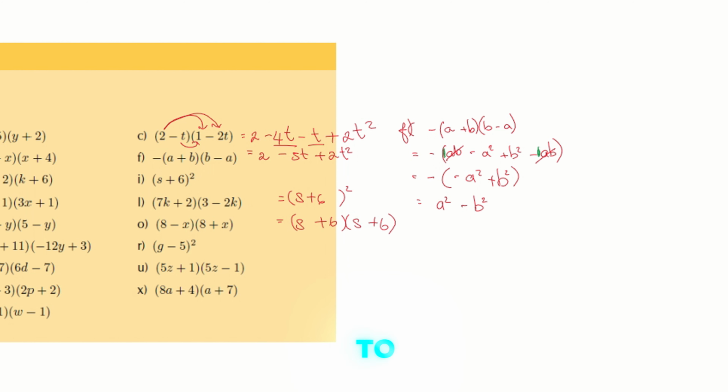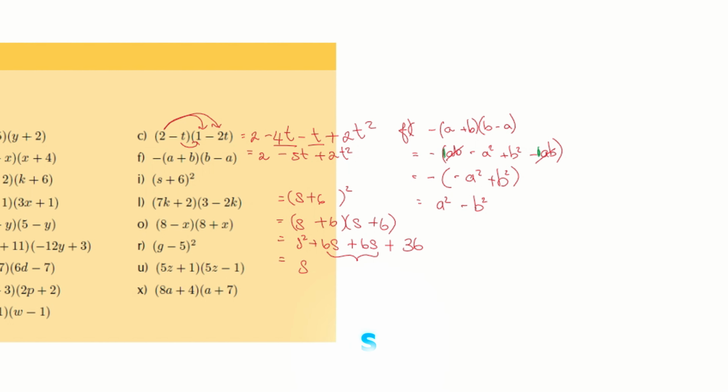Now it's easy for me to do the FOIL method. I need your attention here. What is s times s? s squared. s times 6 is 6s, and then 6 times s is 6s, and then 6 times 6 is 36. Like terms? 6s plus 6s, what is the answer there?